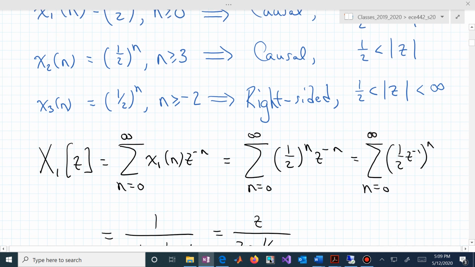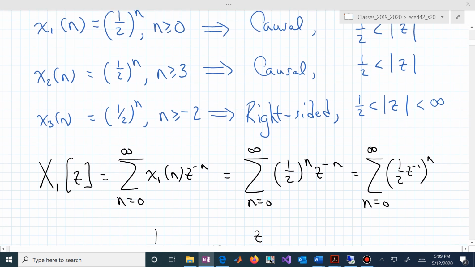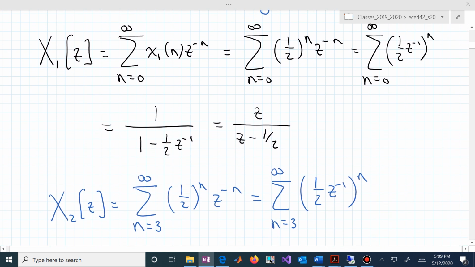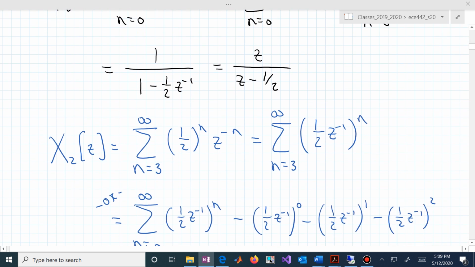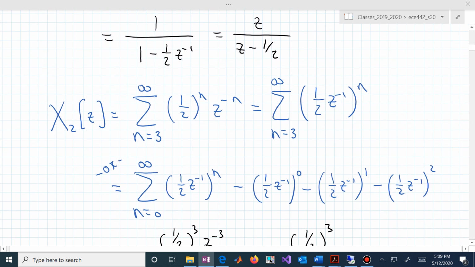X sub 2 of z, now we are actually beginning the summation later in time, so we're summing from 3 up to infinity. You could do exactly the same analysis that we've done. Or you could say, wait a minute, we just found that z transform that started at 0.